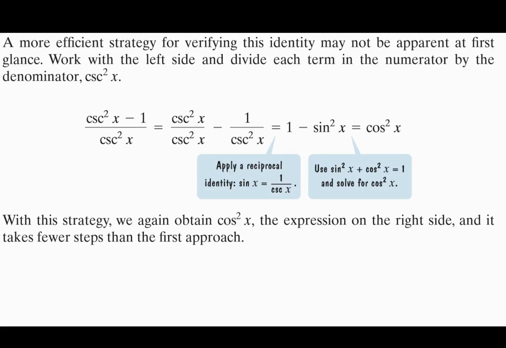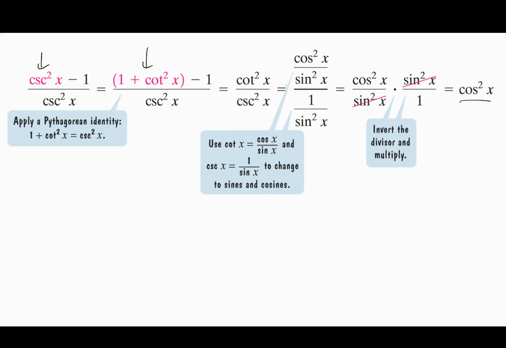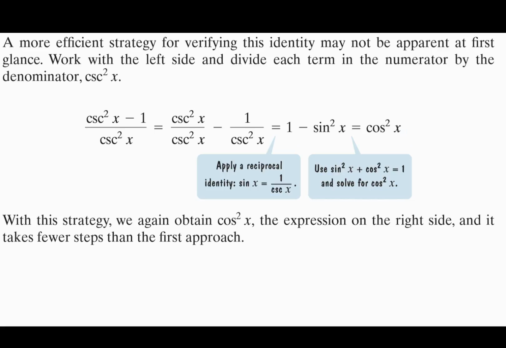Okay, so by splitting this into 2 fractions, cosecant over cosecant and 1 over cosecant, you now have 1 minus sine squared, which is equal to cosine squared. So a little bit better than messing around with this fraction over fraction, having to multiply by the reciprocal. Okay.